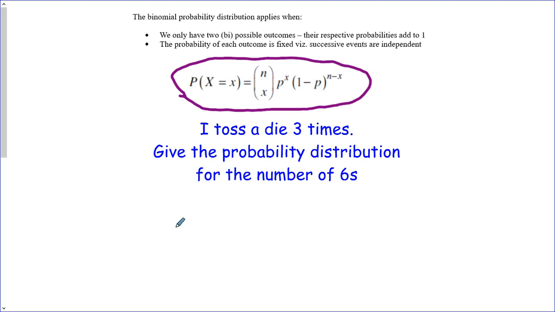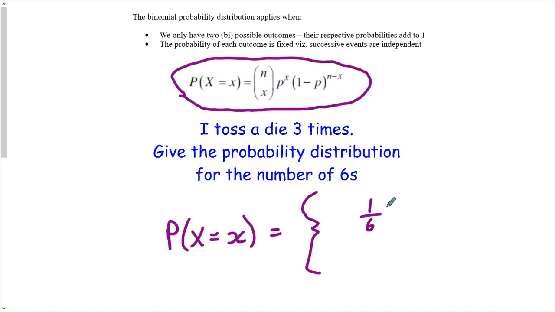The way I write down one of these probability distributions is exactly the same format as the formula is given in. Right, so I'm throwing a die 3 times, and I want to write down the probability distribution for the number of 6s. So the probability of getting a 6 is 1/6.